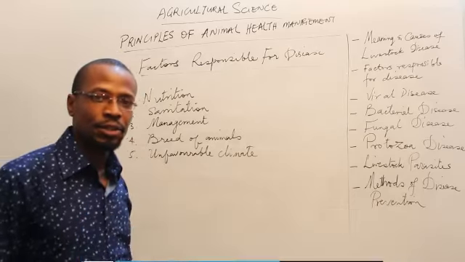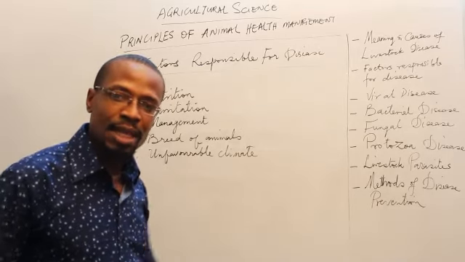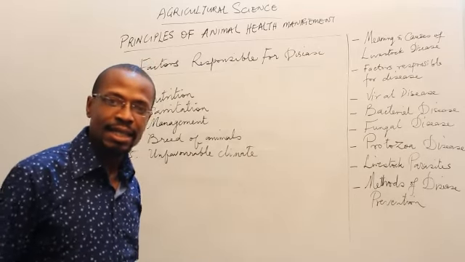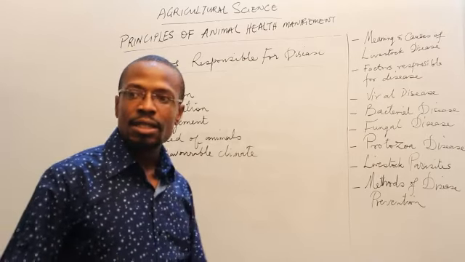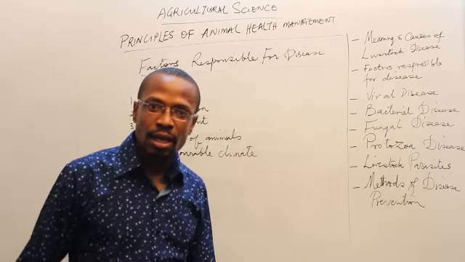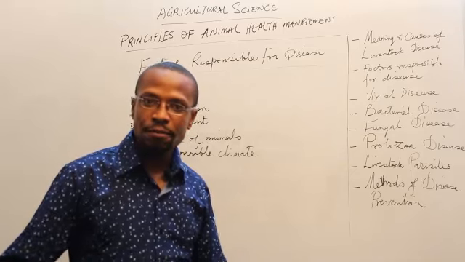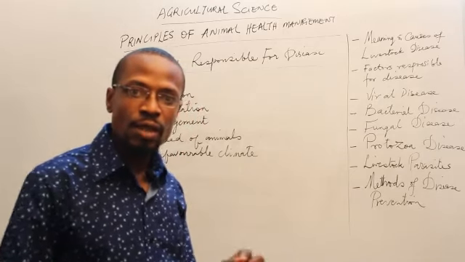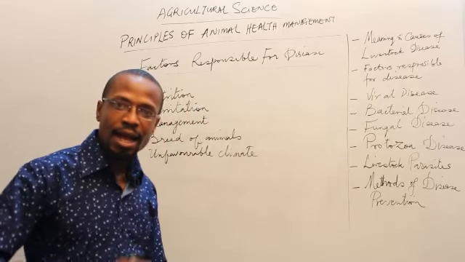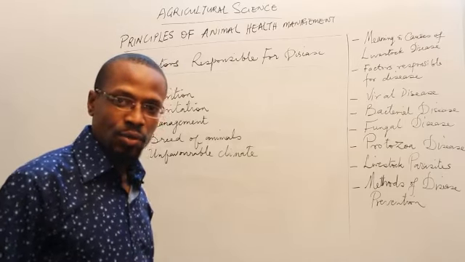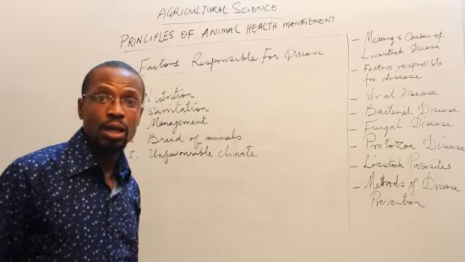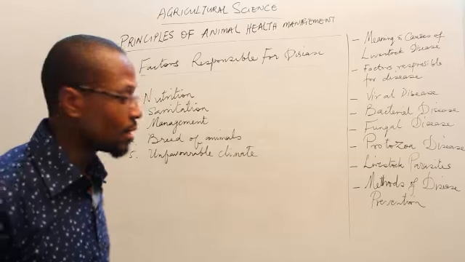Now, sanitation, where the animal is kept, how neat, how tidy. If it's a litter, do you change it? If it's a house, do you disinfect? Do you clean? So these are certain things that are very necessary. Without them, the animals could become predisposed to diseases.